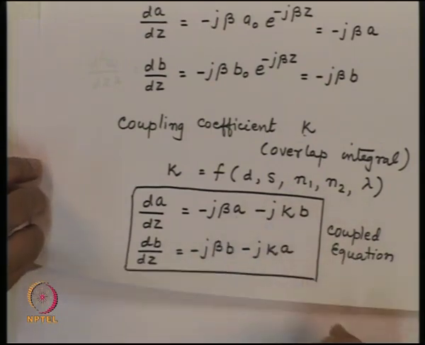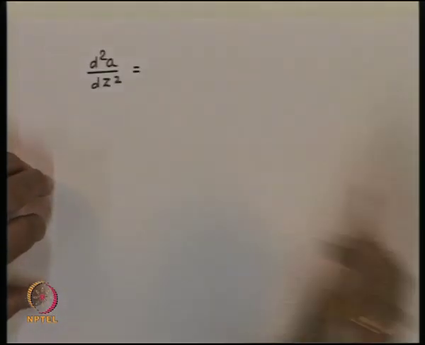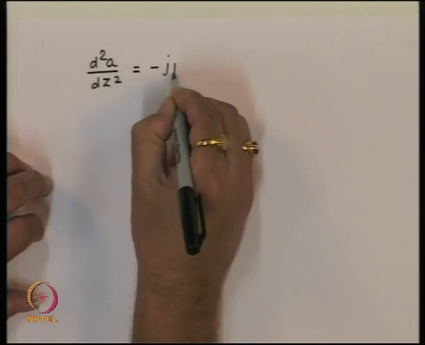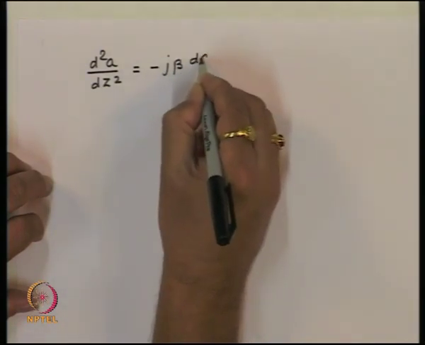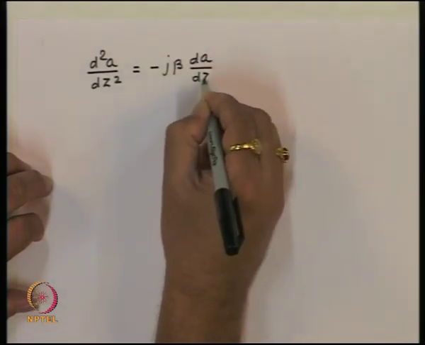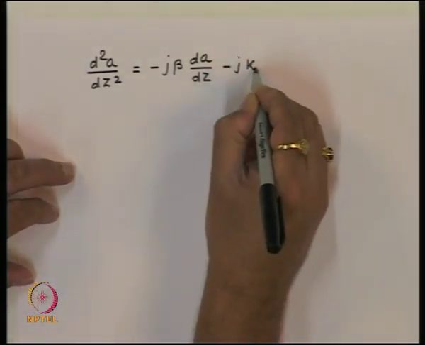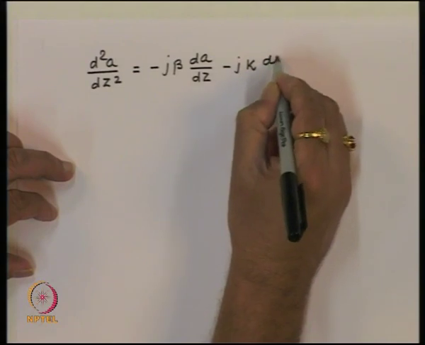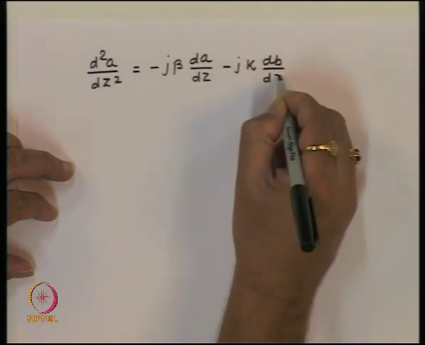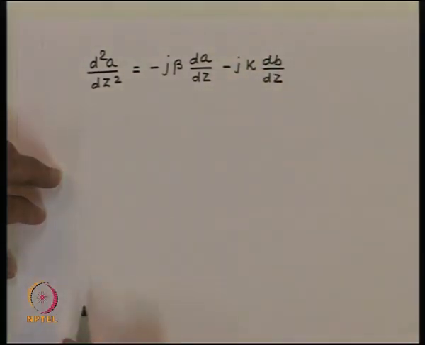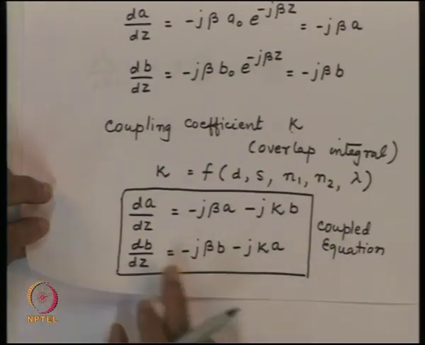Beta and k are not functions of z. So we get here minus j beta dA by dz minus j k dB by dz. We can substitute for dB by dz from this equation.